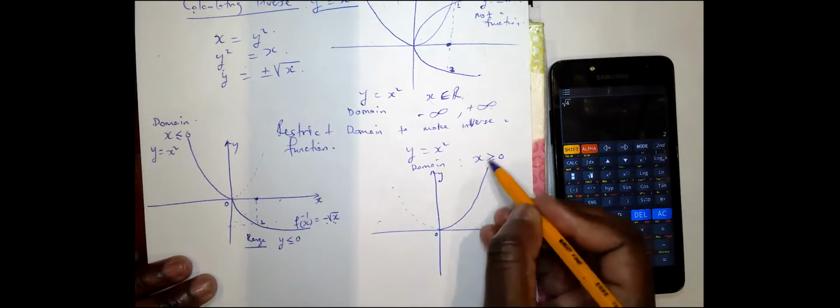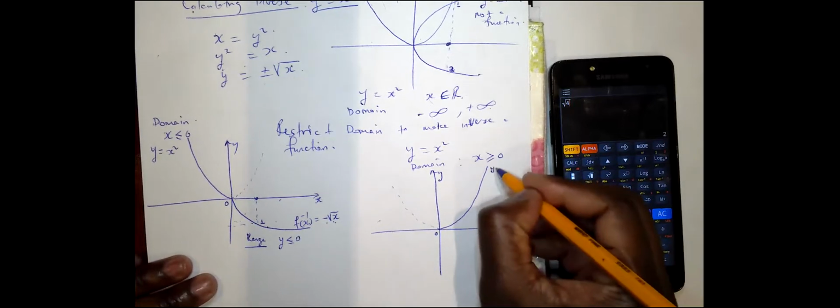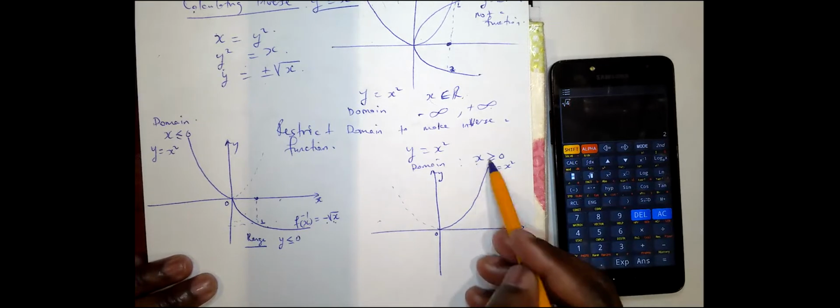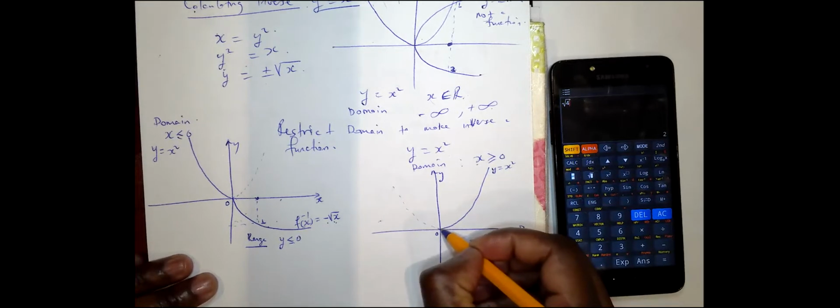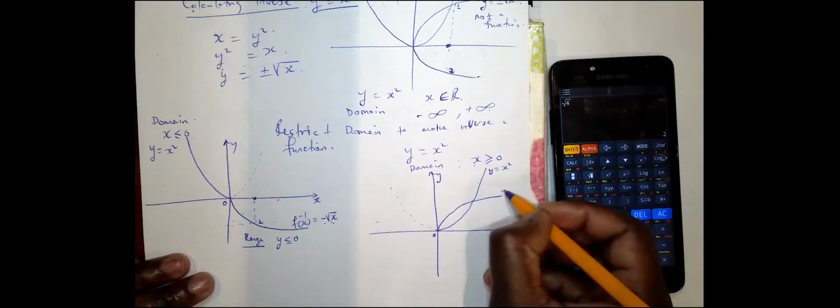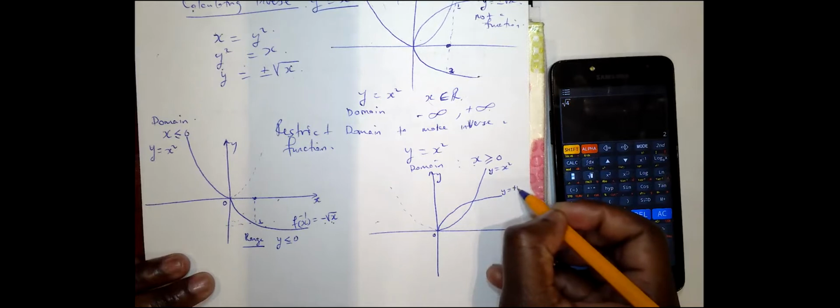So this one is a graph of y equals x squared. Okay, and for which domain? x greater than or equal to 0. And what is the inverse there? The inverse now is y equals positive root x.